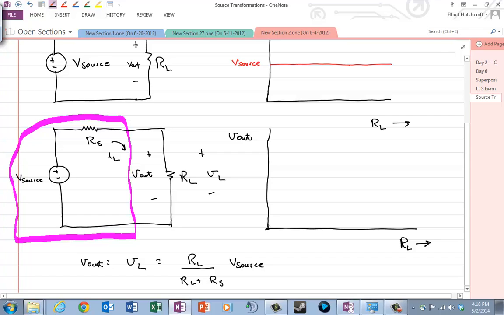When RL is infinity, we get infinity over infinity plus RS. The denominator is still going towards infinity, so we get infinity over infinity, which goes to 1. This is not the best math procedure, but we can see in the limit that's what happens. So VL is just V source, and up here, towards infinity, is V source.